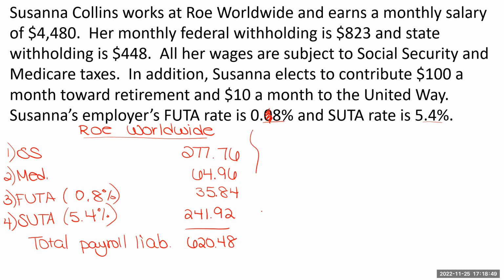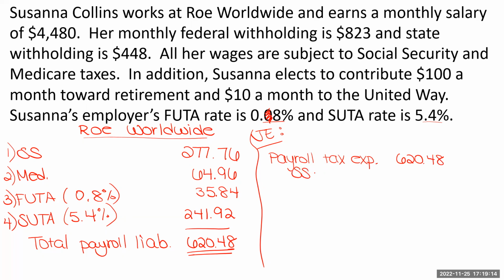Again, that's the calculation. The only way we record it is through a journal entry. So let's look at that journal entry. Your debit is to payroll tax expense. It's for the sum of all the individual payroll responsibilities. So 620 and 48 cents.